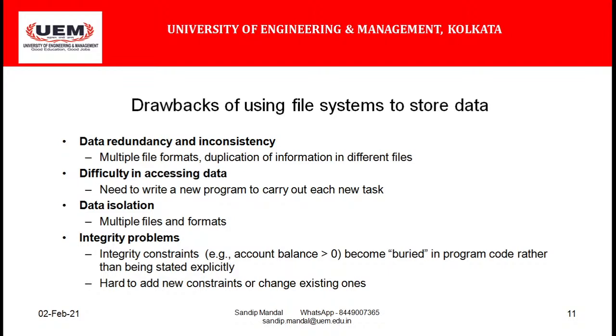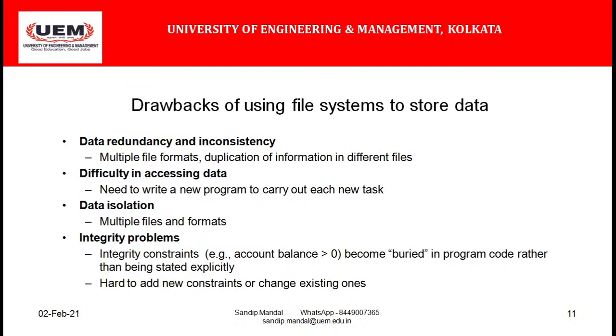After 800 lines, again you put the name Porna Datto. So, got my point? Meaning in a traditional file system, there are chances of redundancy and inconsistency. Means you make multiple file formats, for example, in Excel 5 columns are there.